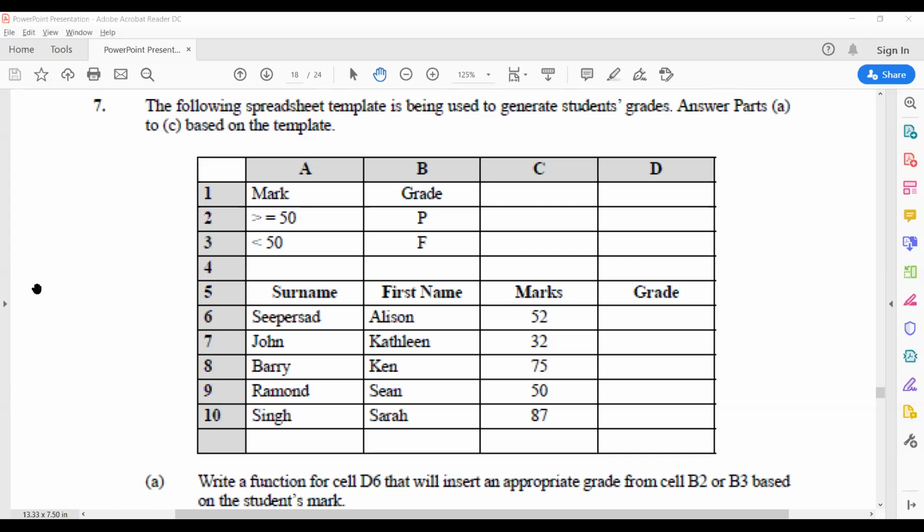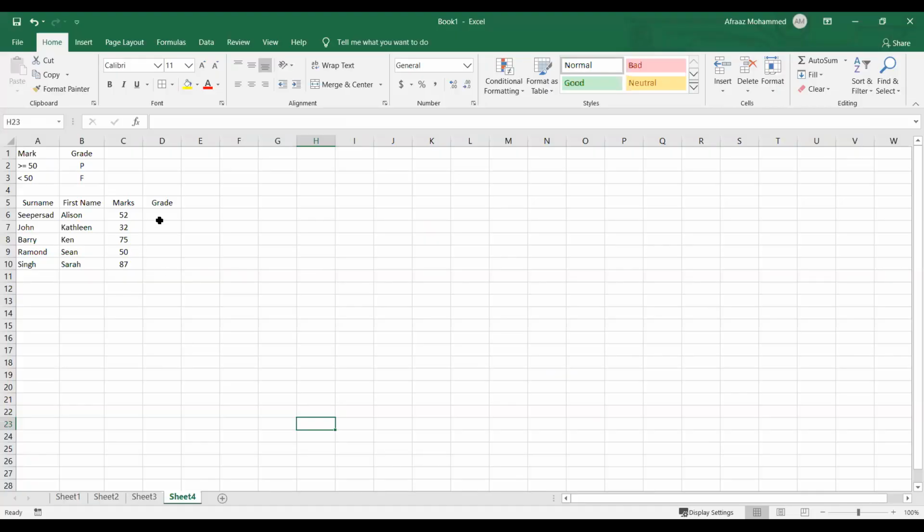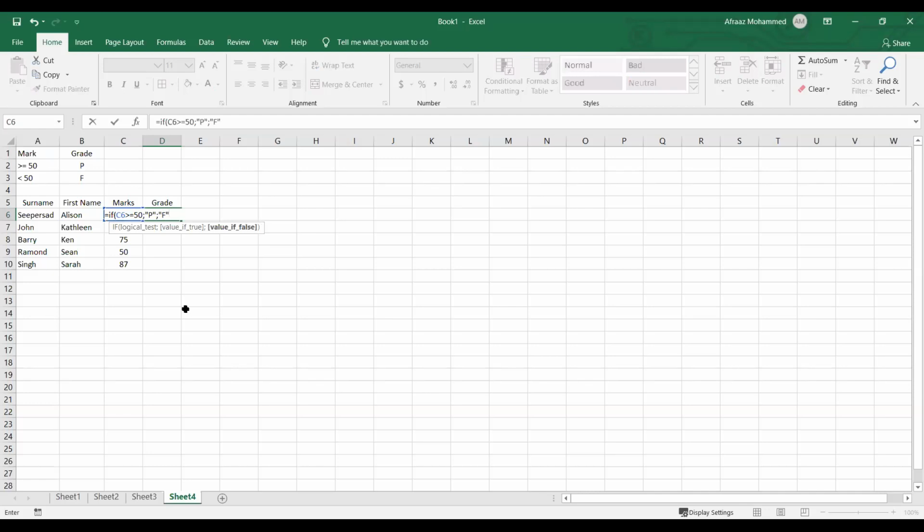Okay, I'm going to share my Excel spreadsheet. Right. So one option is equal IF C6 is greater than or equal to 50, then pass or fail. Right? And we see this works correctly here.